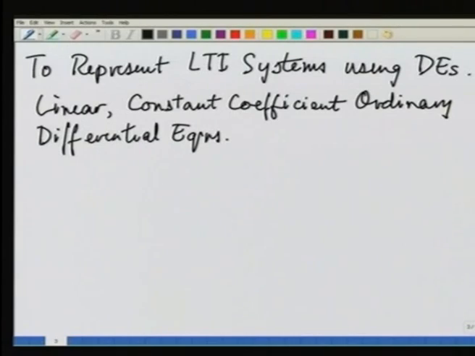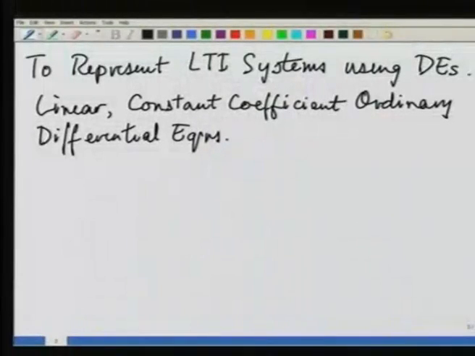This class, which is linear, has constant coefficients and is ordinary, is the only class of differential equations that we need to concern ourselves with.